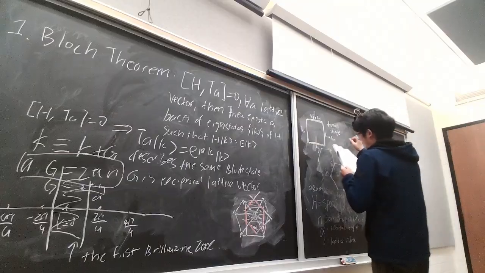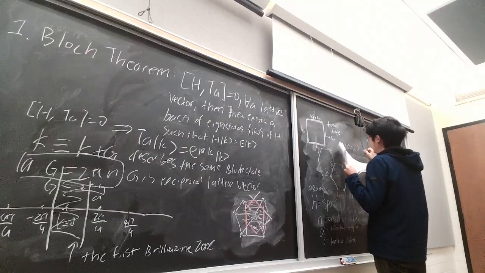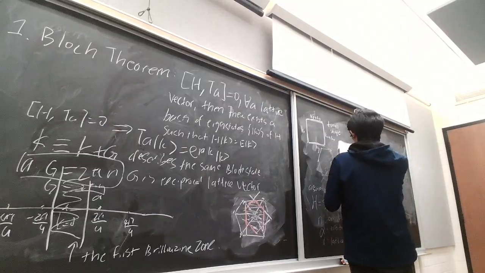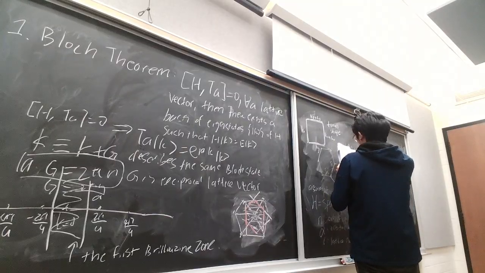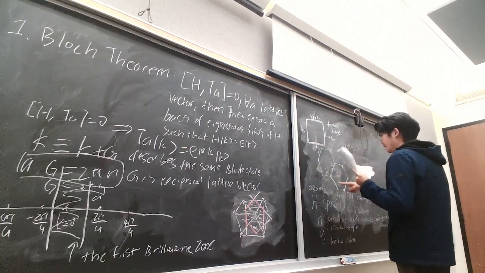So if I write alpha n comma I, that means it is the alpha orbital on the nth atom in the ith unit cell.